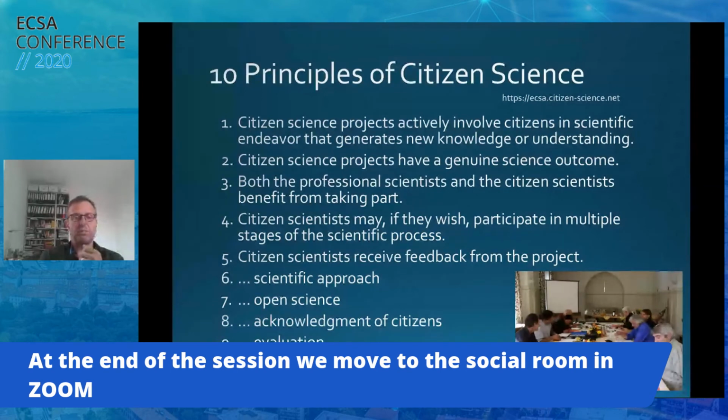The intention of the 10 principles is to provide guidelines which underlie good practices in citizen science regardless of the academic discipline or cultural context in which it is applied. A citation from Robinson and other scholars from 2018. A further concretization of these principles can be found in the discussion paper ECSA Characteristics of Citizen Science.